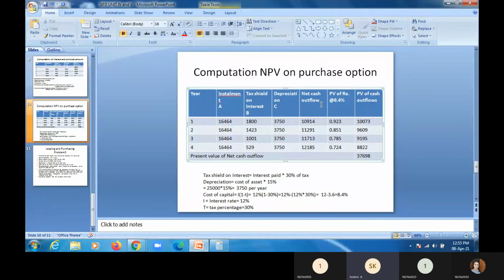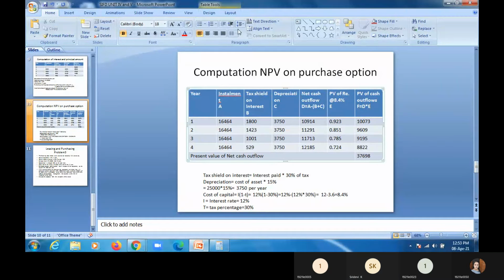Net cash outflow, D column, is equal to A minus B plus C. And present value of rupee, let us take it as E column. And the last column F is equal to D into E.